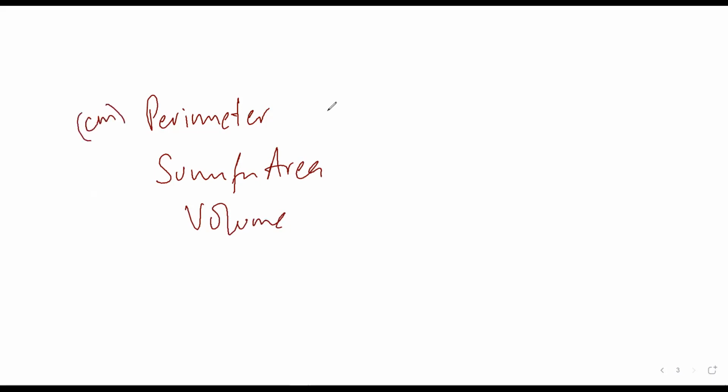Mr. Satya, Mr. Sarthak, you need to understand for perimeter, surface area, volume. If the dimensions are being measured in centimeter, the perimeter would always be in centimeter, raised to power 1.